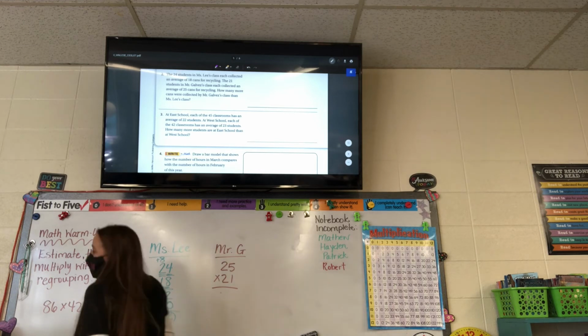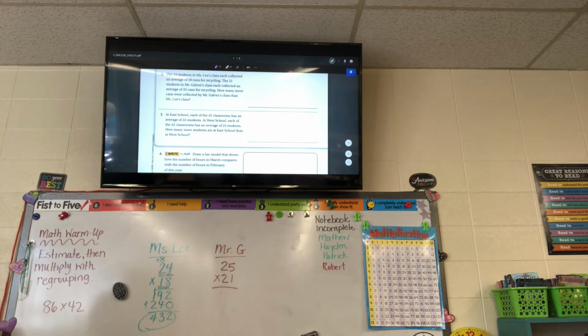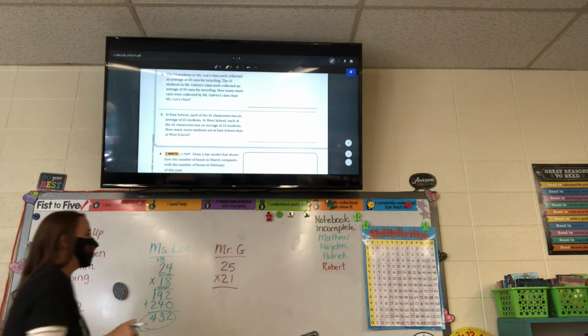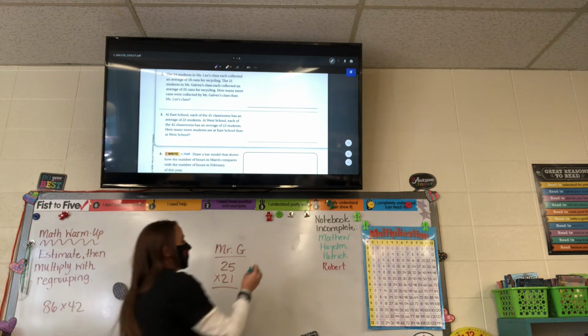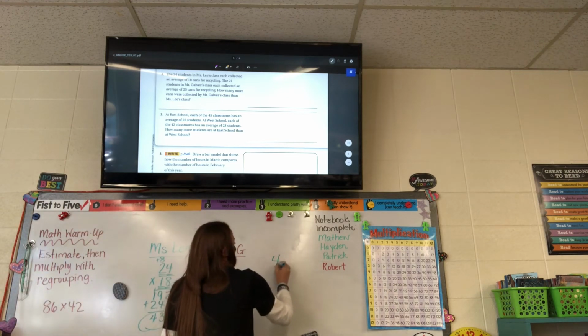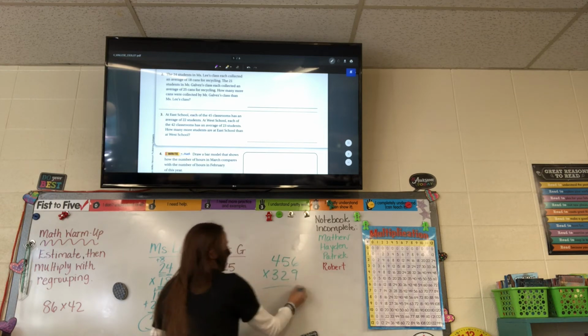Good. I got to tell you guys, Cash and Sophie were totally rocking it yesterday. No wonder they got to spin the wheel. Totally rocking it. Both of them were doing problems like this yesterday. Whoa, that looks easy.